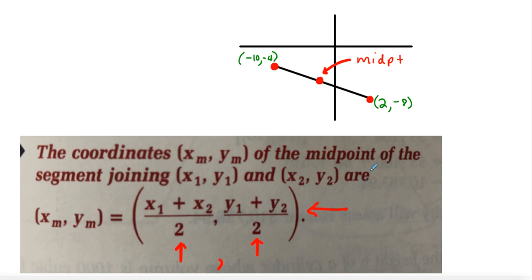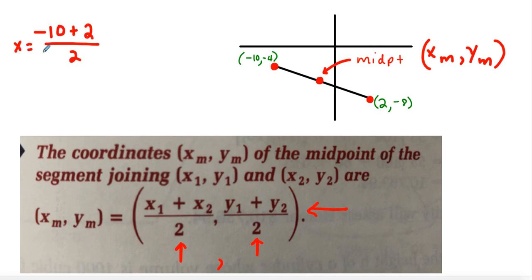So if I want to find the x-coordinate of the midpoint, xm, ym, m meaning midpoint, I add the x's, so -10 plus 2 divided by 2. That gives me -8 divided by 2, which is -4. If I want to find the y-coordinate of that midpoint, I take the average of the y's.